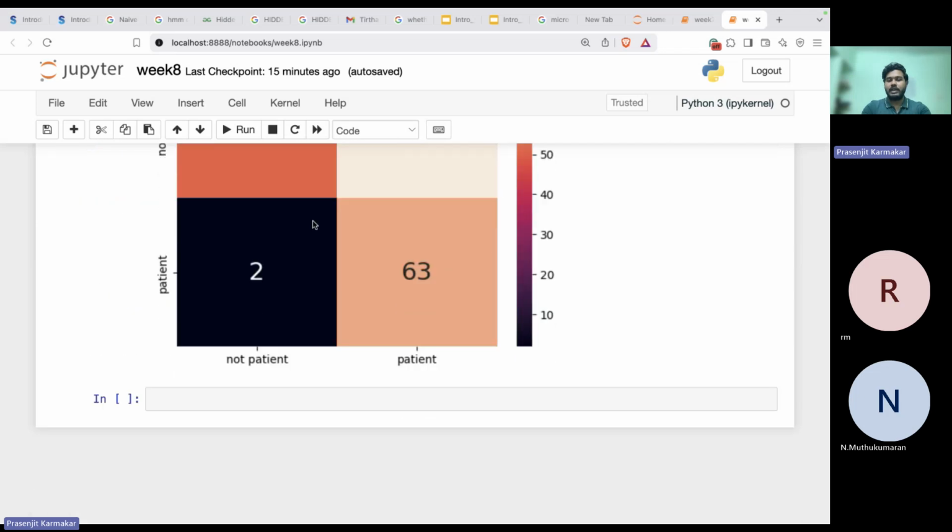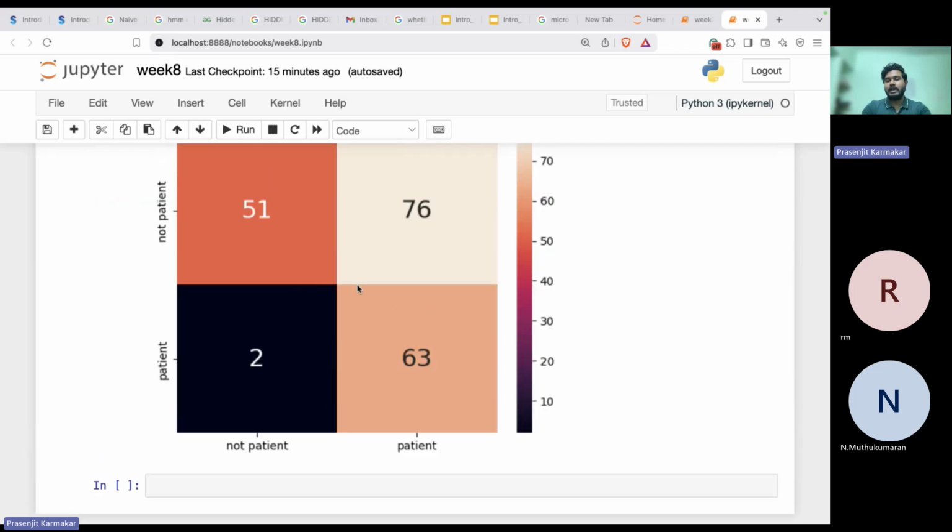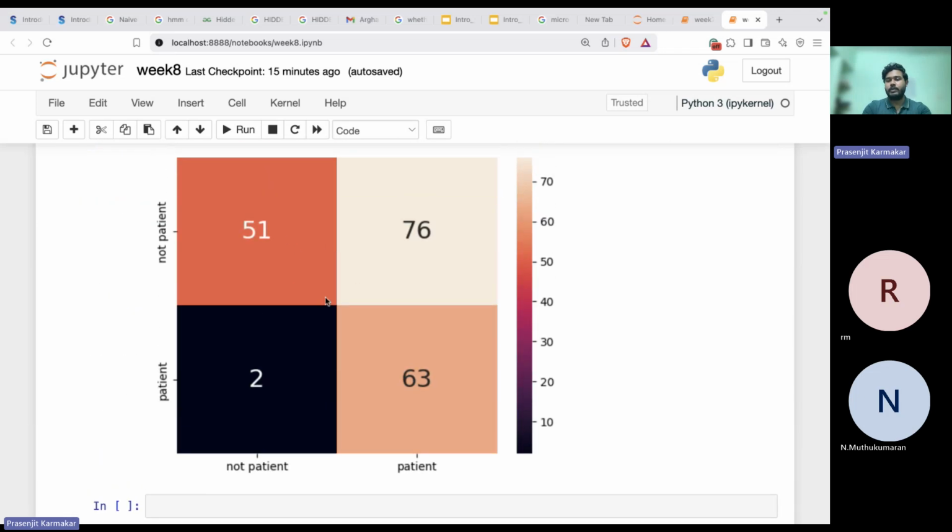Okay, so for medical models or anything like that, this property is very important. So even if my overall model accuracy is good, but my patients are sometimes more times classified as not patients, then that model is bad.